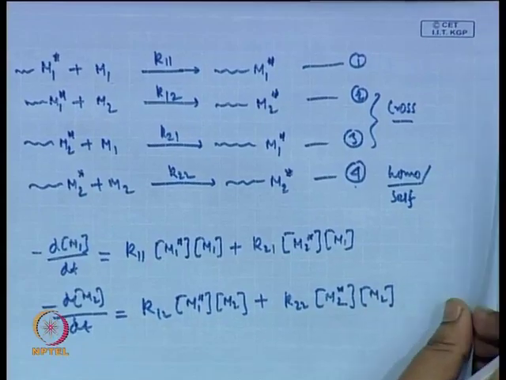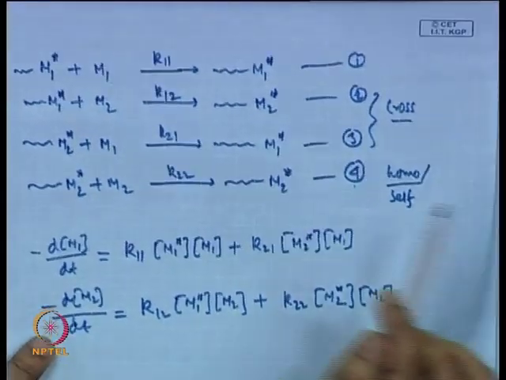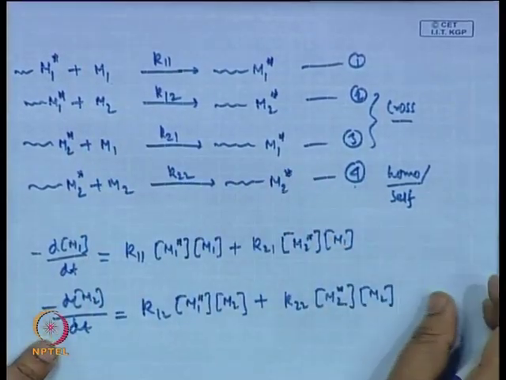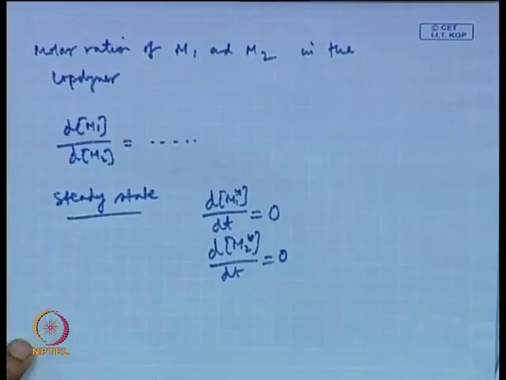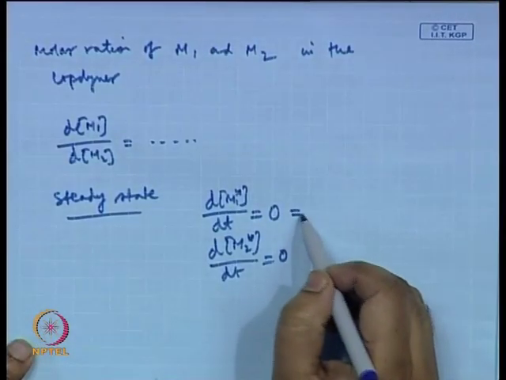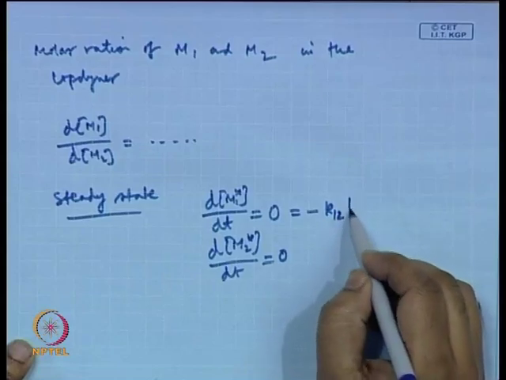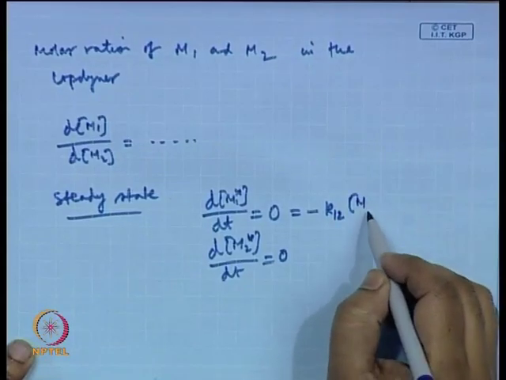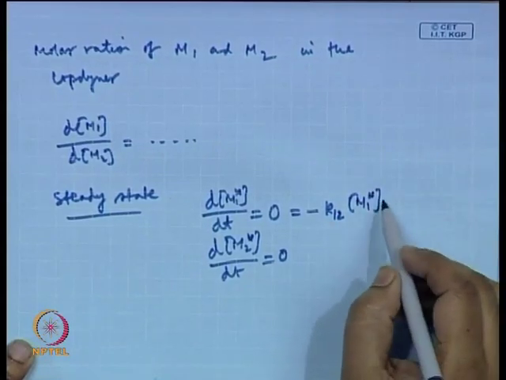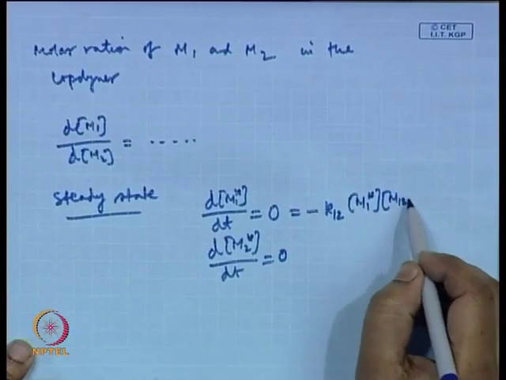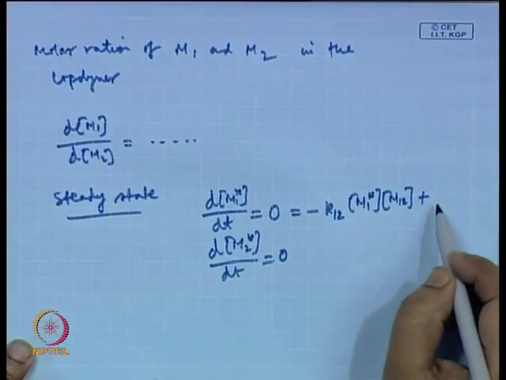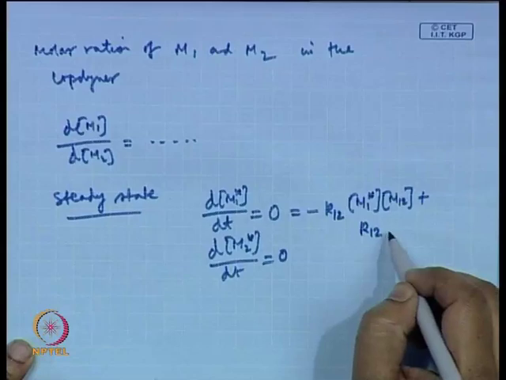So, we can write down the expressions for M1 star and M2 star: minus K12, you can do from the expression in the last page, plus K12.